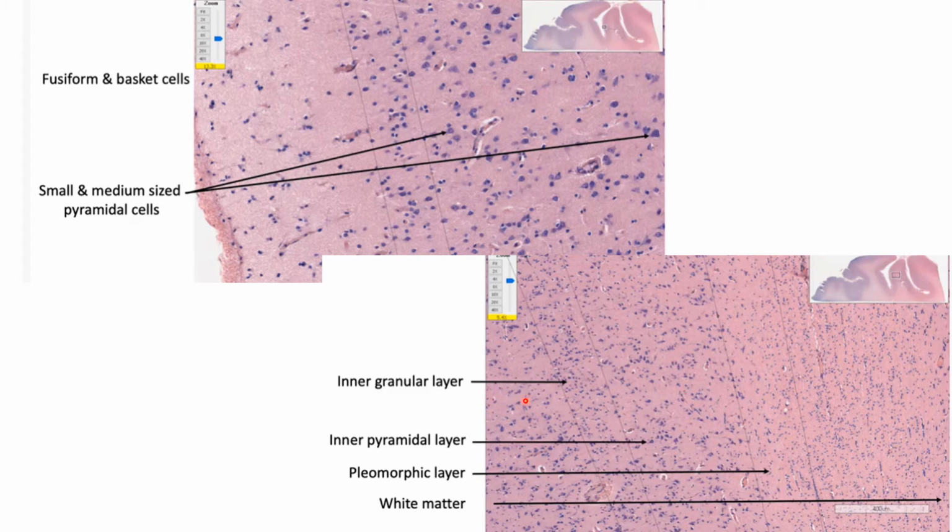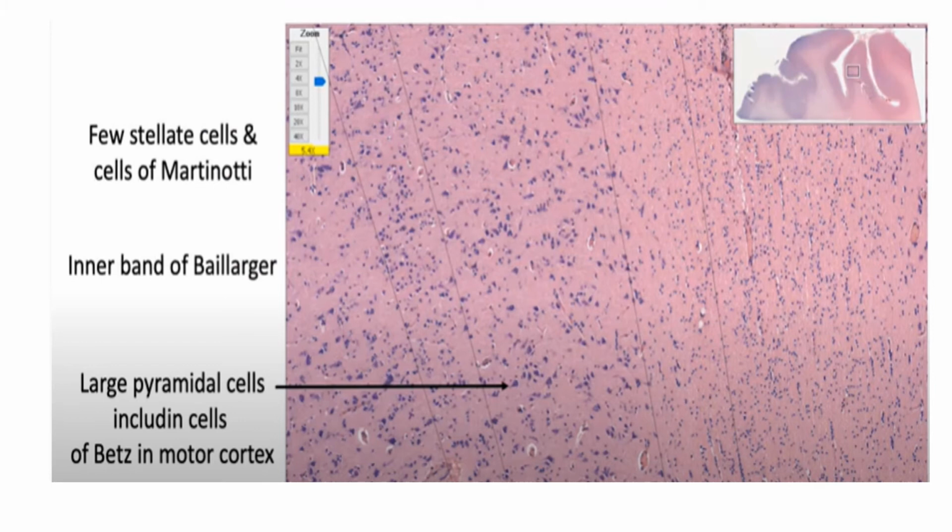So just to compare, these are the first three layers and these are the next three layers. So we have the inner granular, pyramidal cell layer or the ganglionic layer, and this is the pleomorphic layer, and then comes the white matter. Is it clear to all of you? I hope, the six layers.